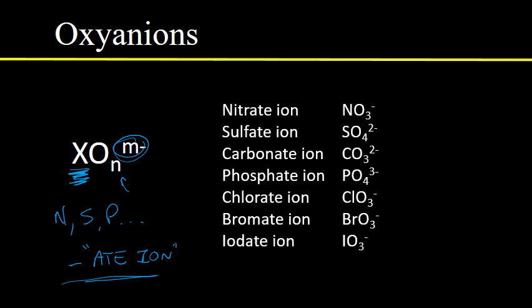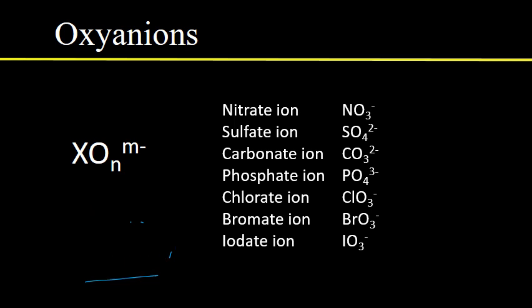All right, and here they are. And again, just like the other polyatomic ions, unfortunately, there really is no systematic way that links this number down here, this subscript, with this charge, right? You can see that for nitrate, it's got 3 oxygens and a -1 charge.